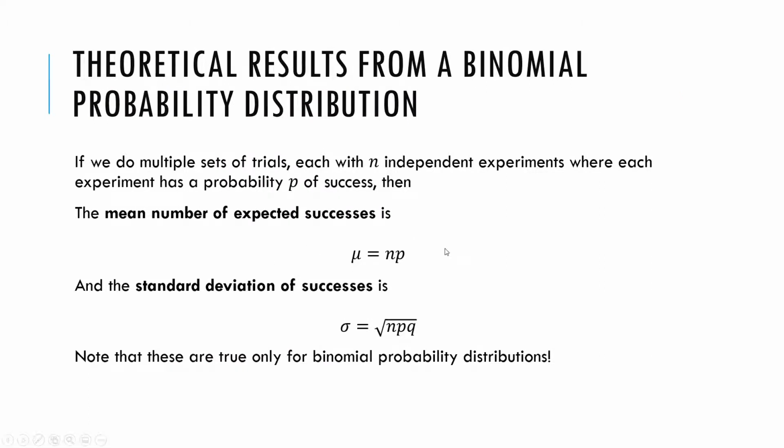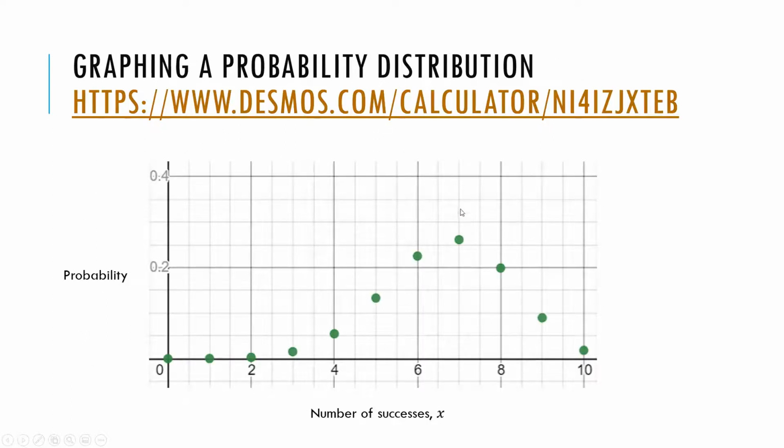We can also say that if we do n experiments a bunch of times, then eventually the mean number of successes that we get across all of those sets of experiments is np. So the highest probability, the expected value there, at the center, is mu, it's np.